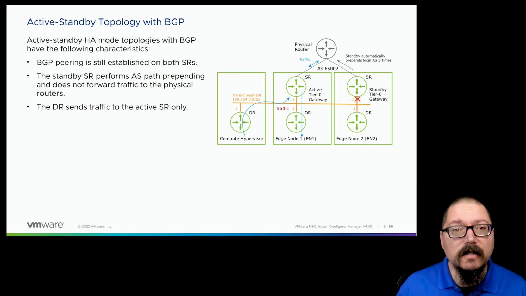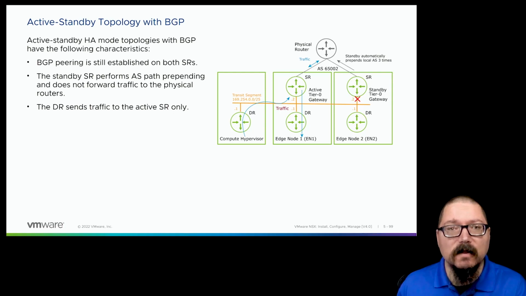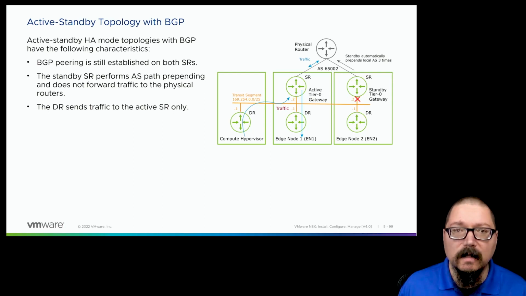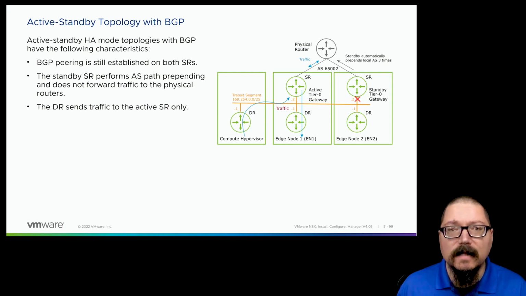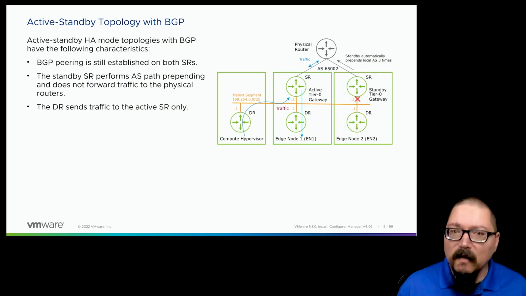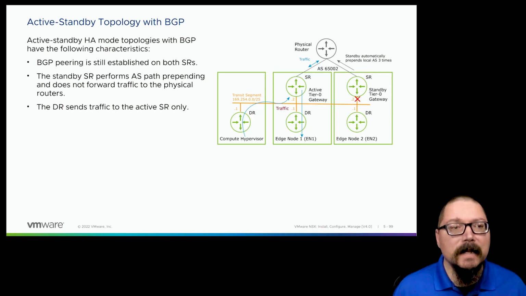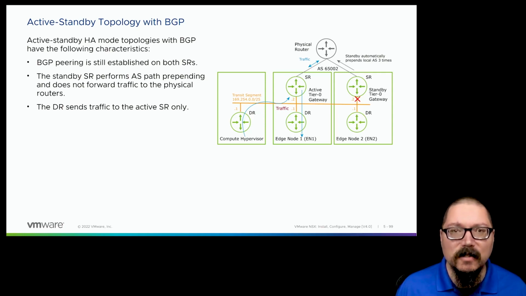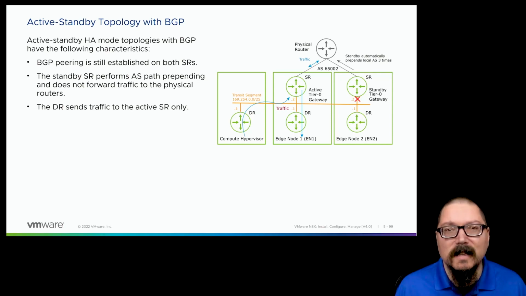Well, we're going to enable that by making the routes coming from the standby service router far less appealing to the routing protocol by appending the autonomous system number 3 times to each prefix. In effect, what that's telling BGP is that you can forward traffic to the standby service router to get to a destination subnet, but we're kind of going to run in circles a bunch of times before we can get there.